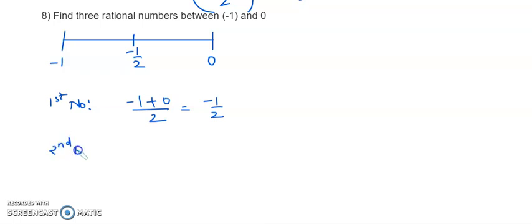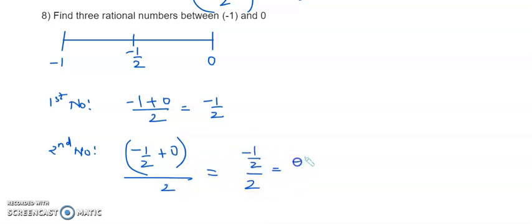For the second number, you take negative half and 0, add them and divide by 2. So negative half plus 0 divided by 2 is negative half divided by 2, which is negative 1 by 4. Why? Because negative half divided by 2 is negative half multiplied by half. So it's negative 1 by 4.